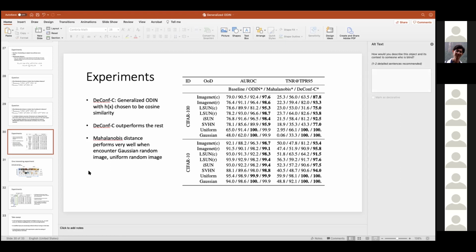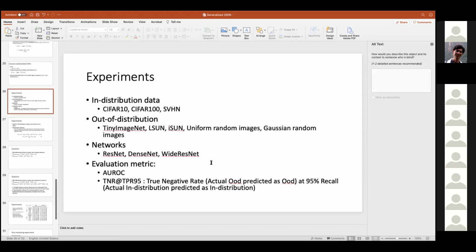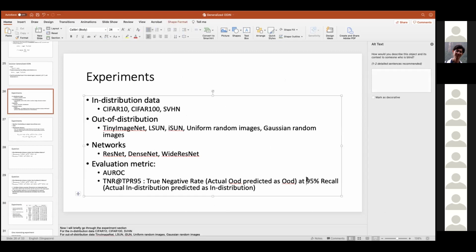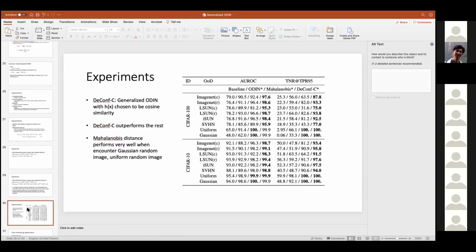Could you please explain the TNR, I mean the true negative rate? Because I feel the results are not that good, in this specific one. So that means 95% in distribution, but for example, if we detect 95% in distribution, then we can detect maybe 87 to 90% of out-of-distribution. Is that correct?